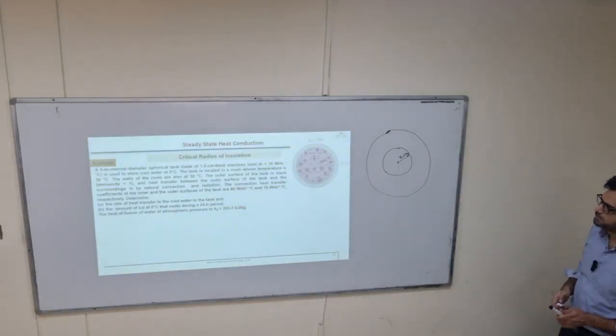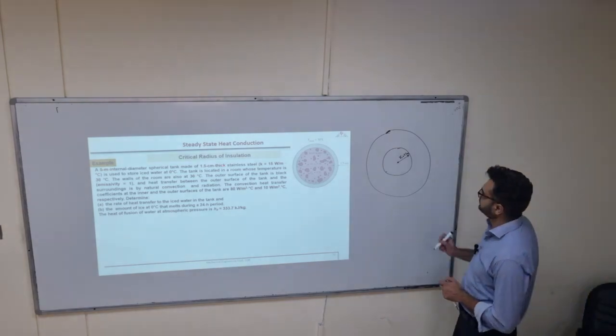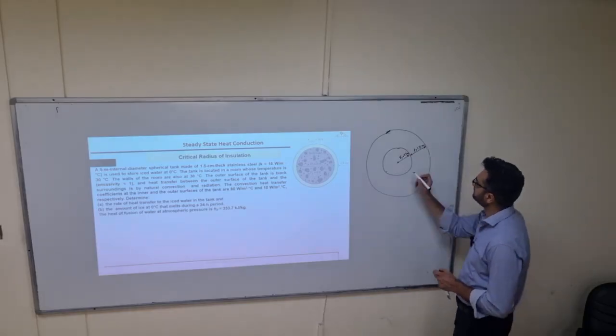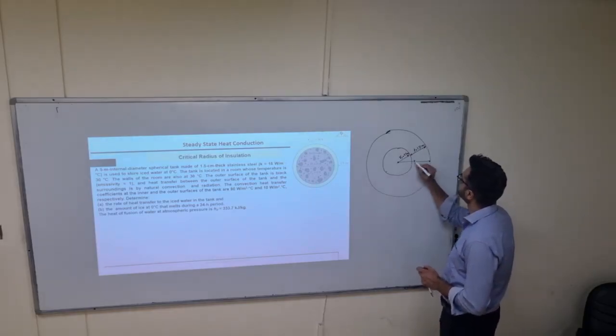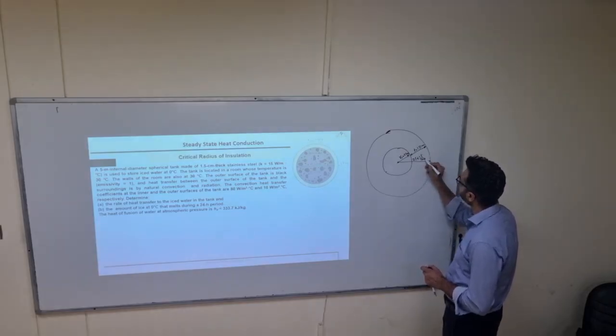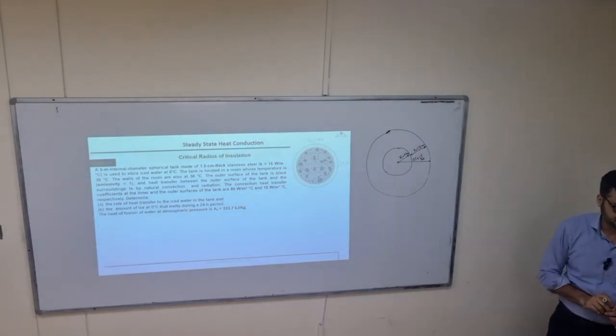It's a spherical tank made up of 1.5 centimeter thick stainless steel. So that thickness is 1.5 centimeter. Means R2 is 2.5 plus 1.5 divided by 100 because it's centimeter.